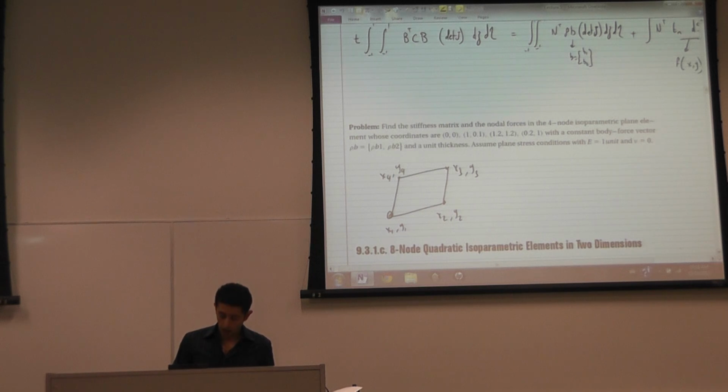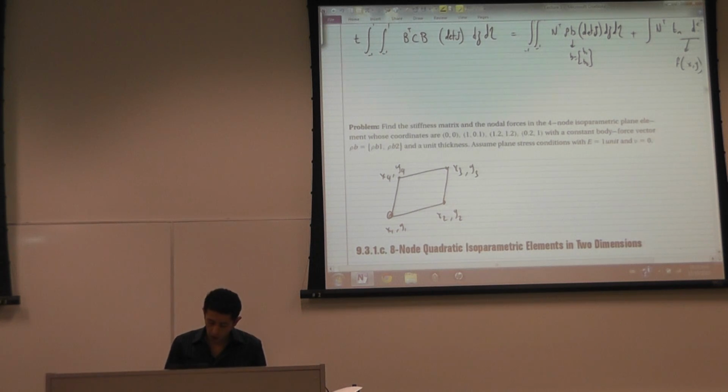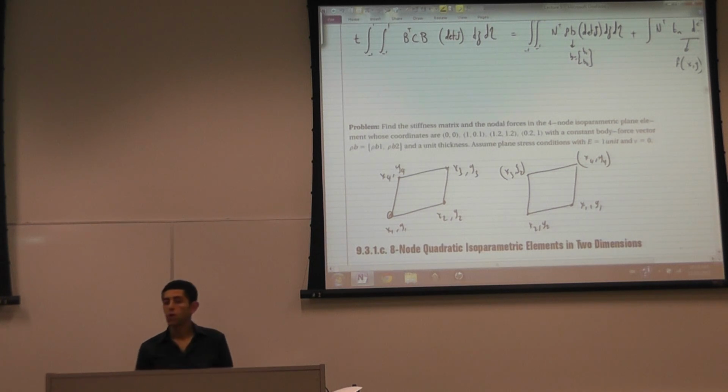Now, usually now all the software does the meshing automatically. But if you program this, or if you input the mesh by hand, and if for whatever reason you define your elements x1, y1, x2, y2, x3, y3, x4, y4, the software will issue a warning that it will not continue, because it will tell you that the area of this element is negative.